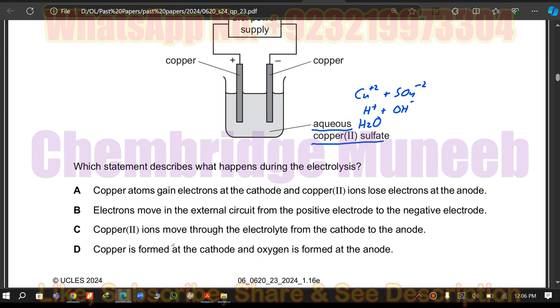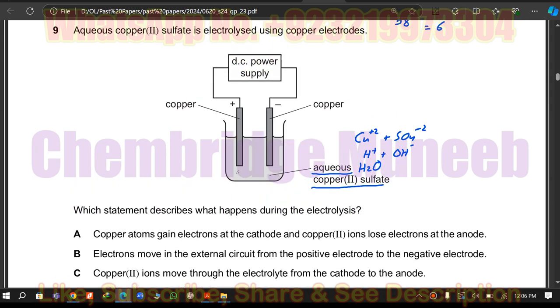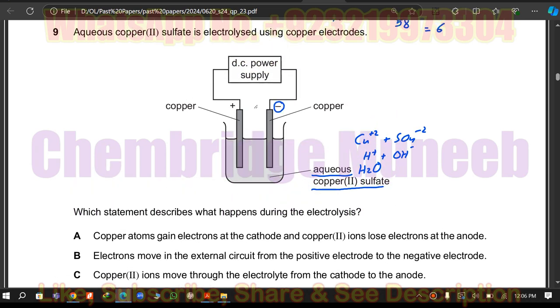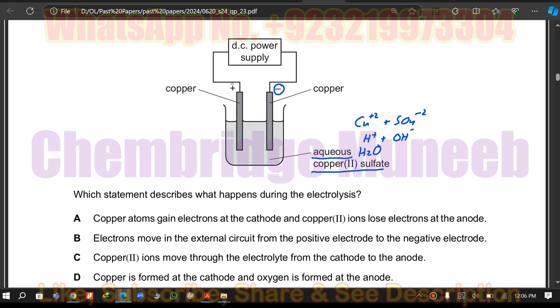But what is happening at the cathode and anode? At the cathode, which is negatively charged, it attracts the positive ions of copper, because at the anode the electrode is made up of copper, so the copper atoms are being oxidized into copper ions along with the electrons, and then these copper ions move towards the cathode, where the copper ions gain electrons and are reduced back to copper atoms.